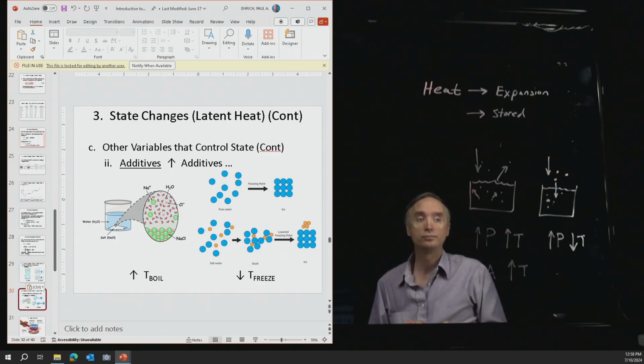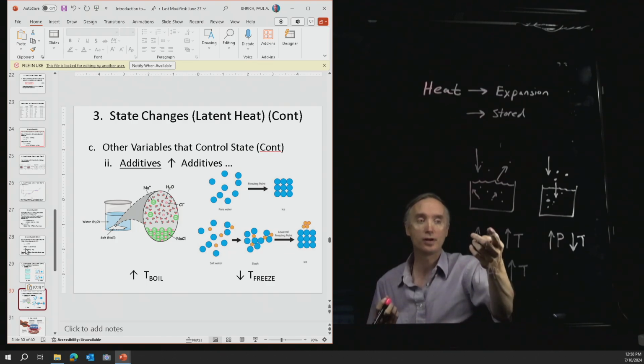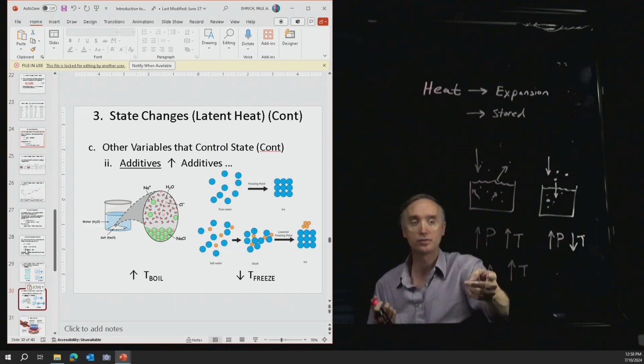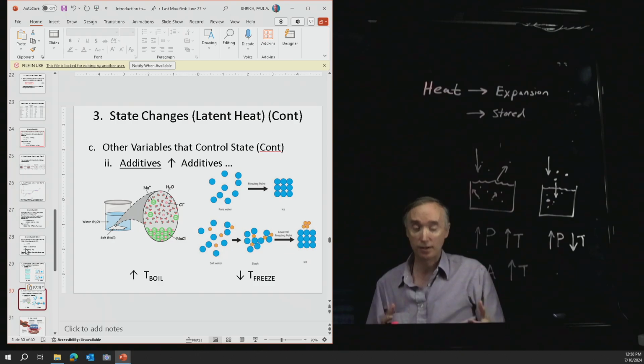Okay, so this now explains how pressure affects the boiling point and the freezing point of water, and how additives such as salt also affect the boiling point and the freezing point. Another example of this is antifreeze.